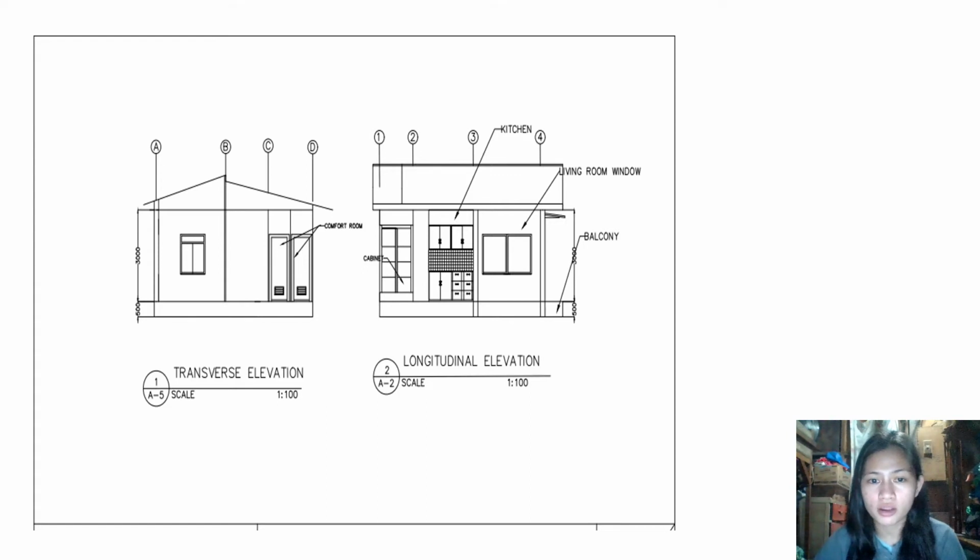On the longitudinal elevation, you will find the cabinet which is attached on the wall of the comfort room and nakaharap siya sa laundry area. And you can see the kitchen, the living room window, and the little balcony. I guess it is a small landscape that we may have in front of our house.